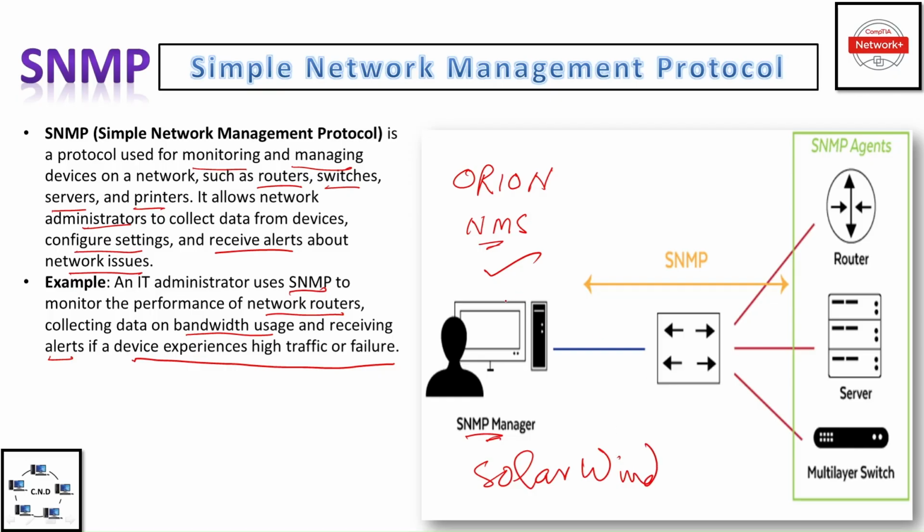This is the main solution that is installed on a central server, and then this server communicates with the devices that you want to monitor over the SNMP protocol. That basically communicates with the agents on these routers, servers, and other devices. SNMP basically uses port numbers 161 and 162.